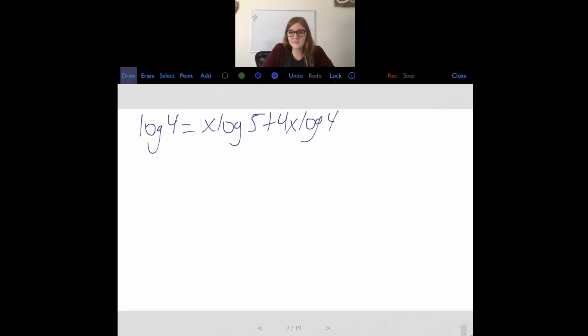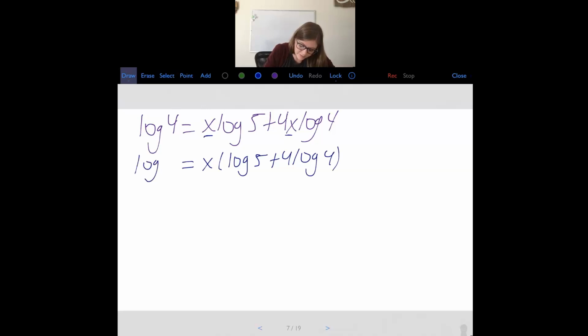Now we have x's in both terms, so that means that x is our greatest common factor that we can take out. So we're going to take out an x from both. So then we have x times log 5 plus 4 log 4 is equal to log 4. Now x is being multiplied by this entire expression. Okay, log 5 plus 4 log 4 is some number. We don't know what it is yet, but when x is being multiplied by a number, we can divide by that to get x by itself.